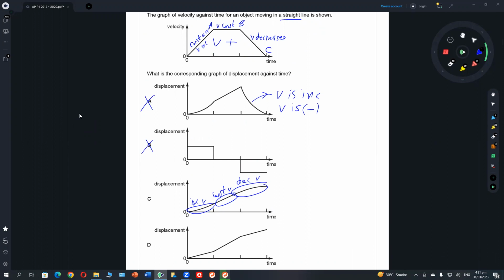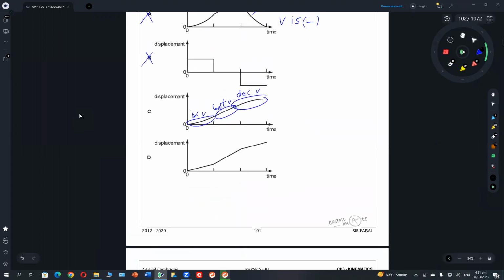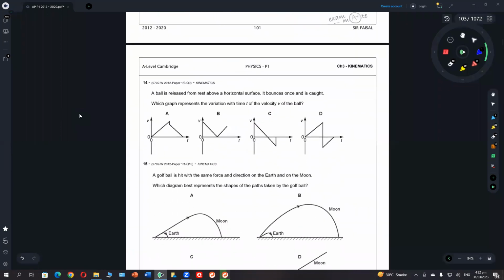C can be right. And for the safe side, why not D? Because a straight line means constant velocity. Again, constant velocity. Again, constant velocity. So D is wrong. This is a game of gradient. In a displacement time graph, gradient is velocity. It's a straight line, so gradient would be constant. We need a changing gradient.